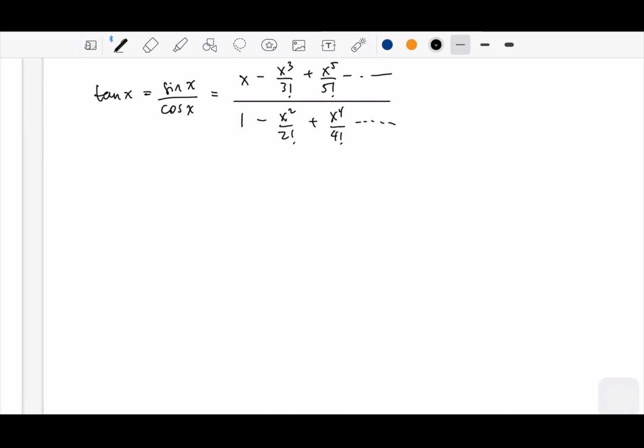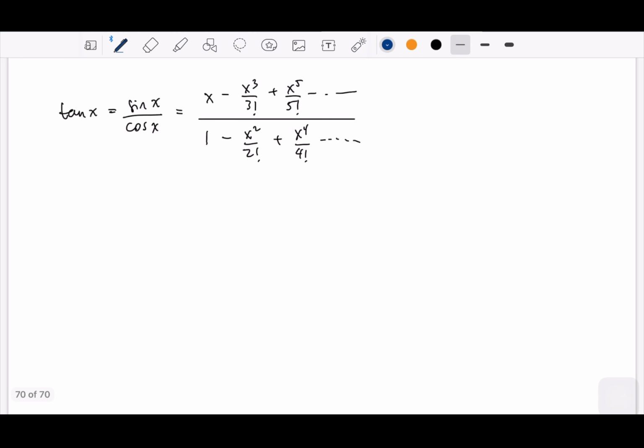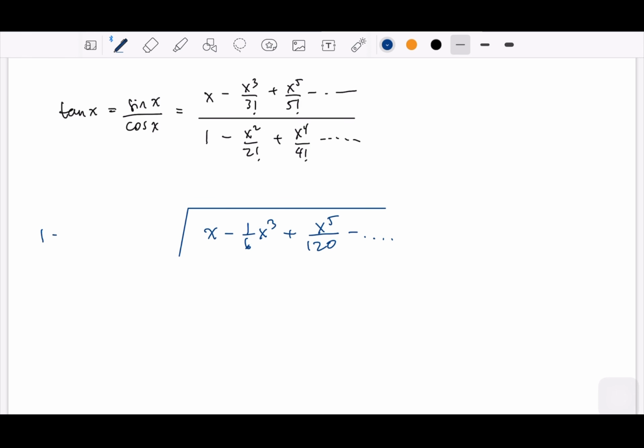And then we are going to apply long division, like polynomial long division. So x minus 1 over 6 x cubed plus x to the power of 5 over 120, 5 factorial, divided by 1 minus x squared over 2 plus x to the 4 over 4 factorial, which is 24, minus. And then we can apply just regular long division.